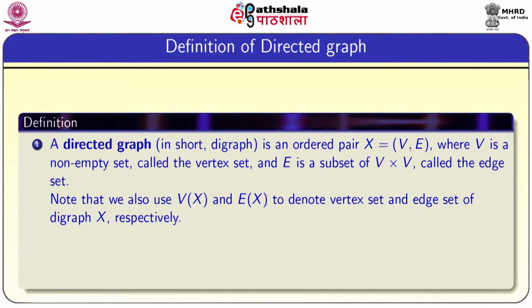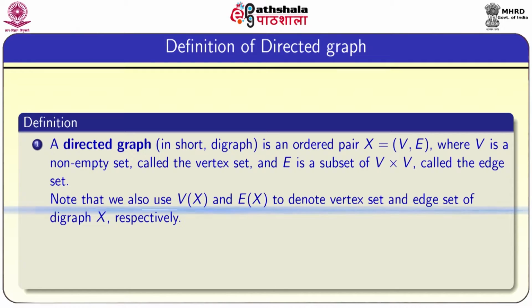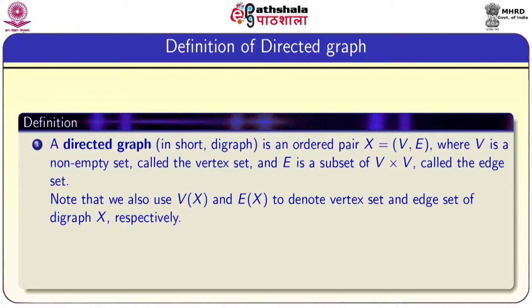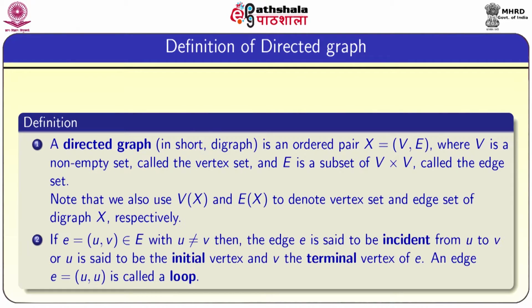Definition of a directed graph. A directed graph, in short digraph, is an ordered pair X = (V, E), where V is a non-empty set called vertex set and E is a subset of V × V called edge set. Note that we also use V(X) and E(X) to denote vertex set and edge set of digraph X respectively.